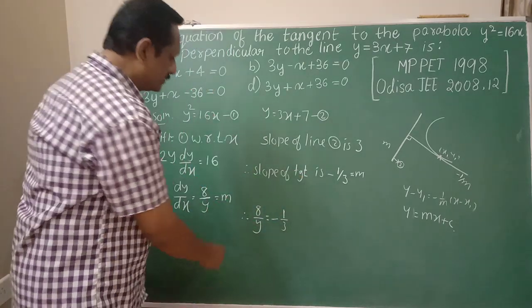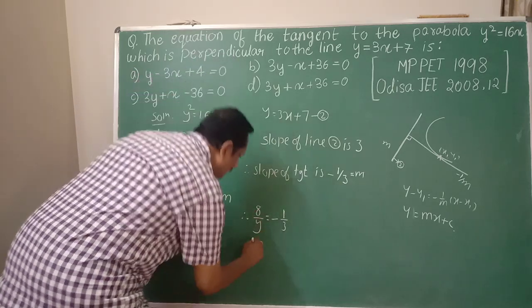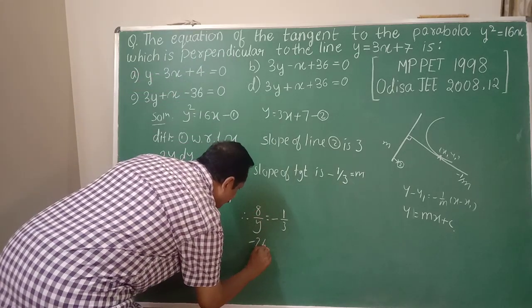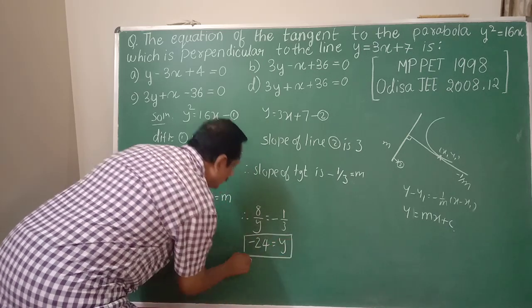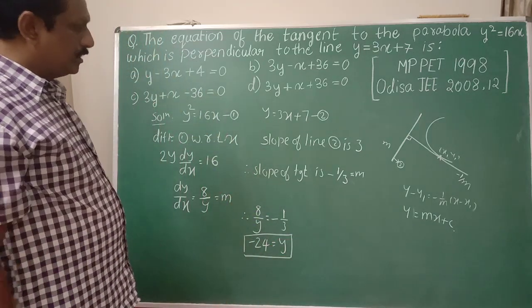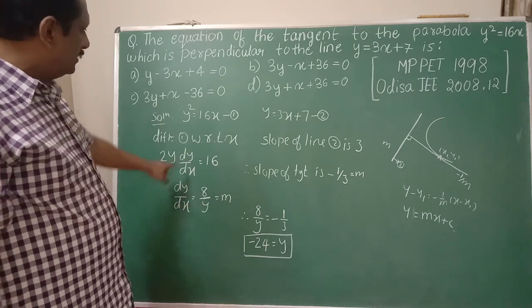Cross multiply: 8 into 3 is 24, so minus 24 is equal to y. So y is equal to minus 24. Put y is equal to minus 24 in equation 1.